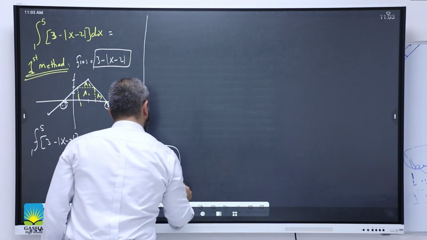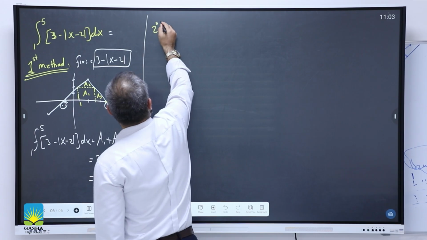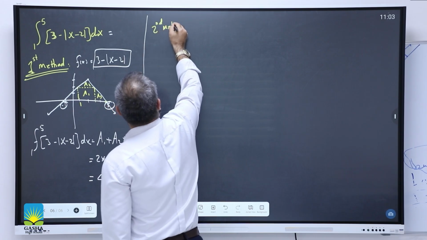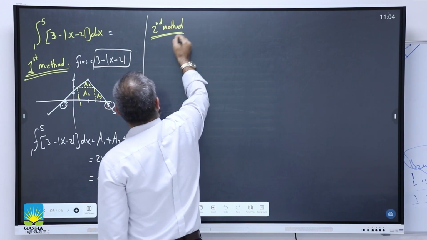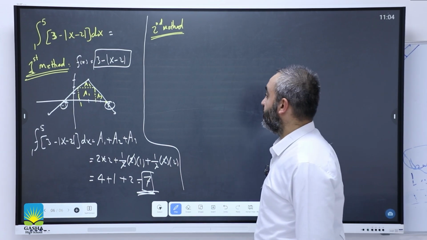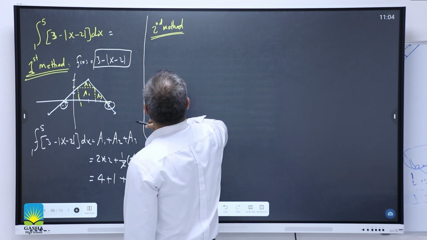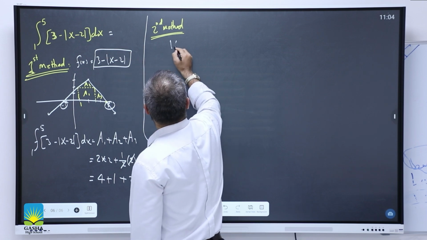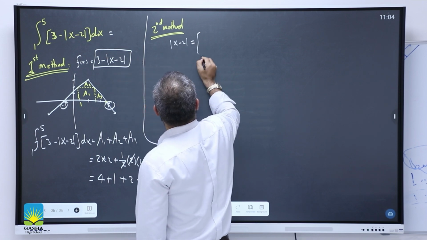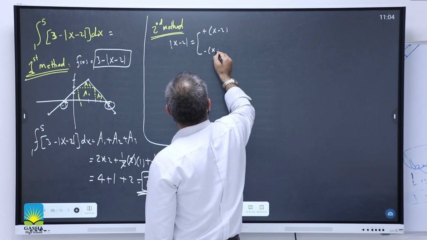We're going to the second method, which uses the definition of absolute value. For this question, the absolute value of x minus 2 equals positive x minus 2 and negative x minus 2.